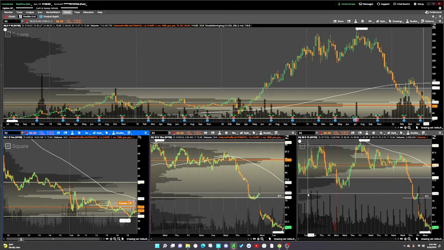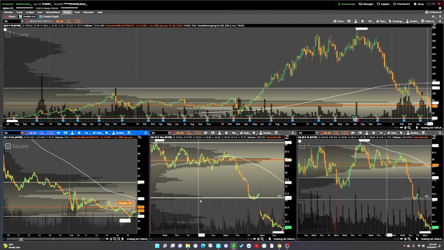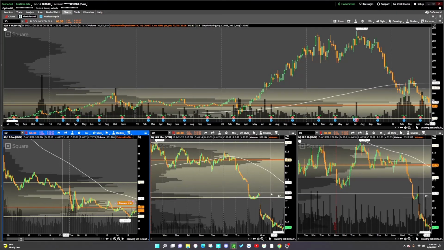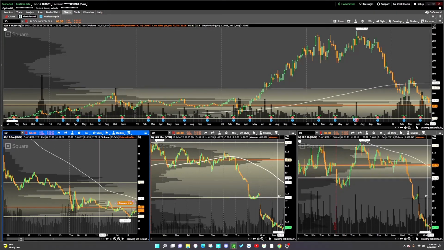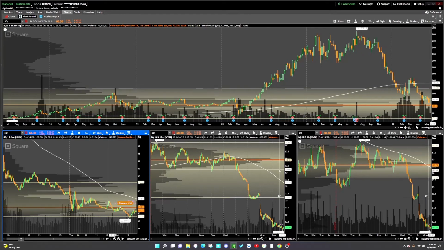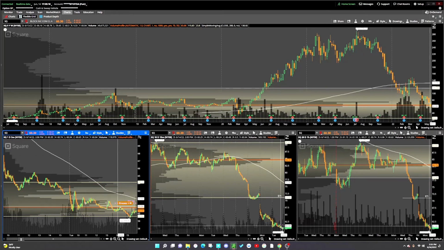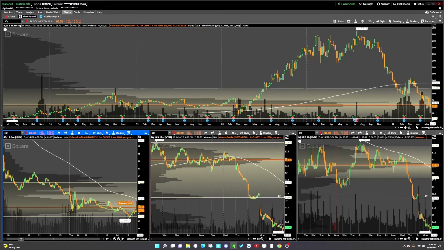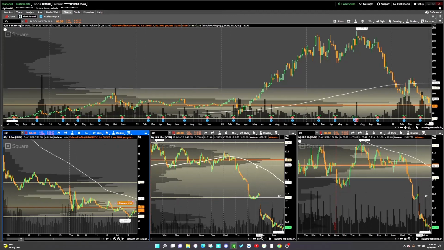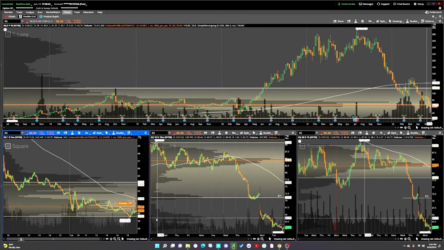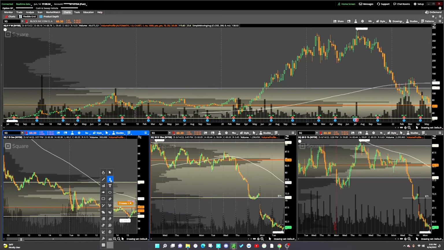Now, 71 is also this volume node right here as well. If it does break past this and it wants to continue running, my next target would be this 84.36 range. But I'm completely fine with a short expiry going for this gap fill and getting out. All right, and now my stop loss is going to be 59.45.